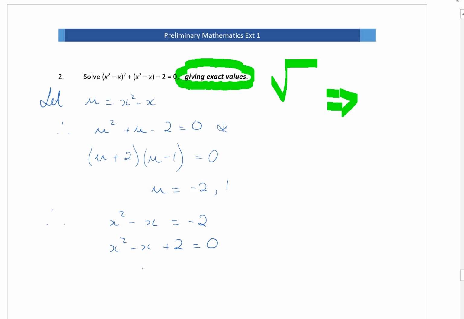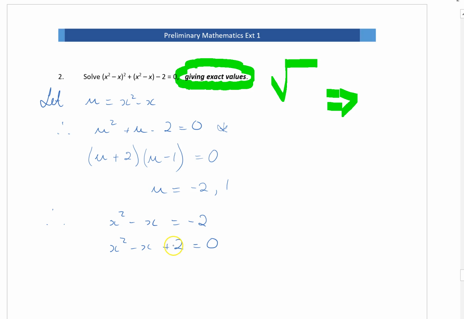And I'm thinking about two numbers that multiply to give plus 2 and add to give minus 1. I think it's going to be here that this exact value for x will actually become obvious.